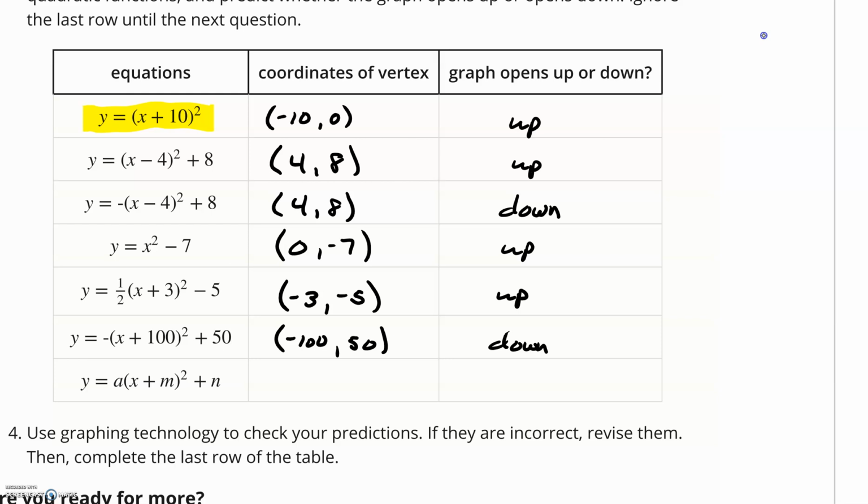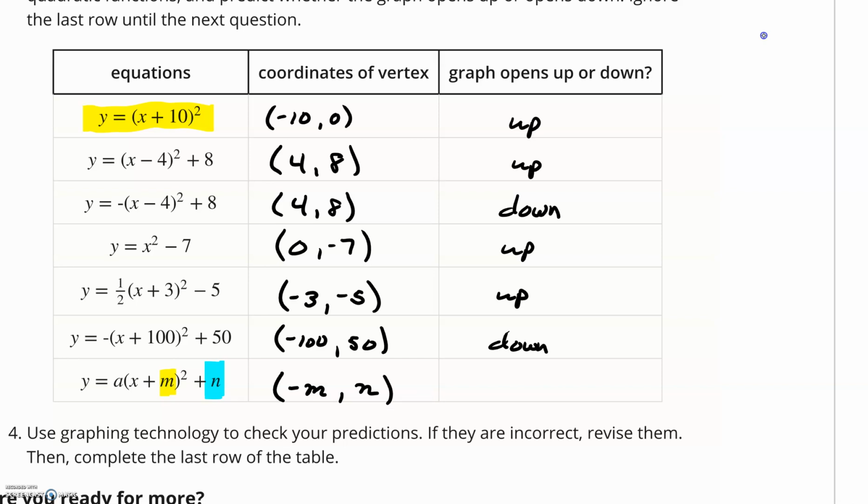Next one. To find the coordinates of the vertex, really think about what we're doing: we're taking whatever this m value is, whatever this number is, and we're putting the opposite and making that my x value of the vertex. And then the y value of the vertex, we're taking whatever this n value was, and that is becoming the y value of the vertex. So there's my vertex for this one.